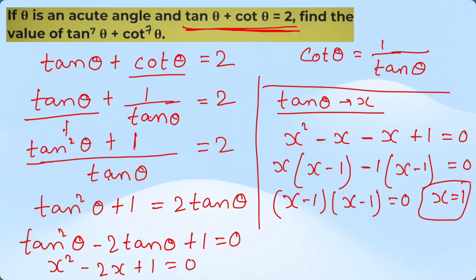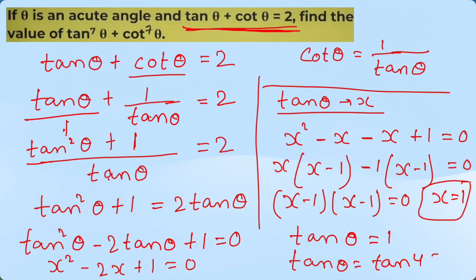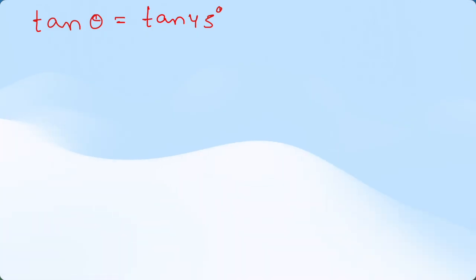x is equal to 1 means, x was tan theta, right? It means in this question tan theta equals to 1. Tan theta equals 1 can be compared with tan 45 degree, right? It means if tan theta equals to tan 45 degree, what does it mean on comparing the angles?